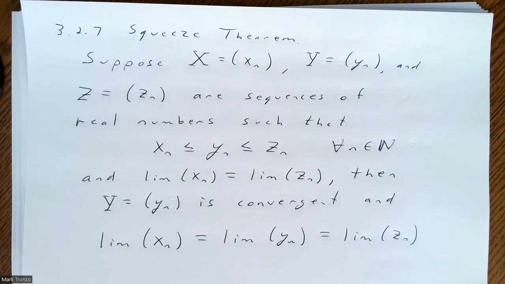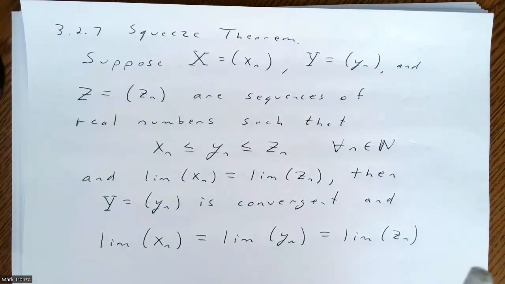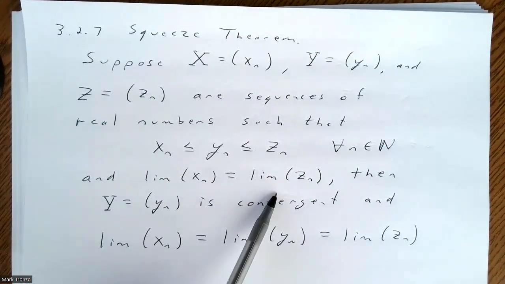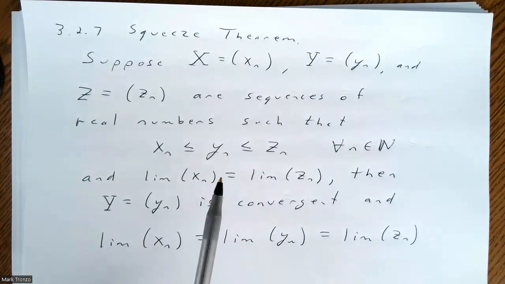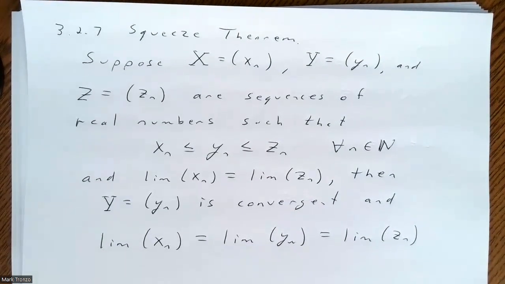So again, the idea is if you have the sequences Xn and Zn, and all the terms of Yn are between those two sequences, and then the limits of these outer sequences are the same, then that forces the limit of that inner sequence to be the same as the two outer ones. That's kind of why it's called the squeeze theorem. The Yn gets squeezed inside like that.